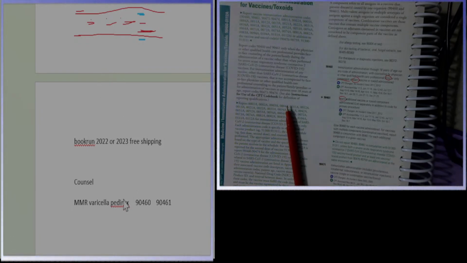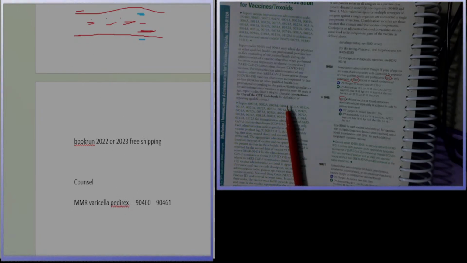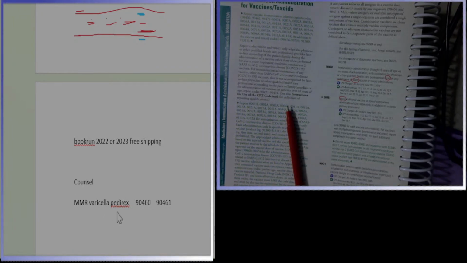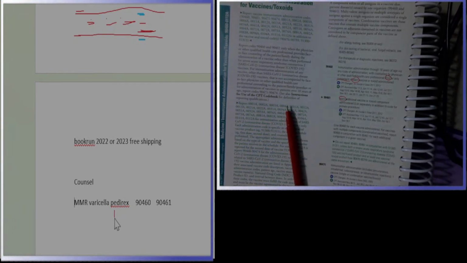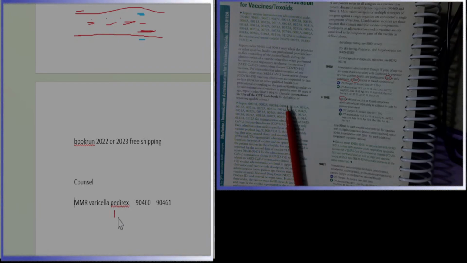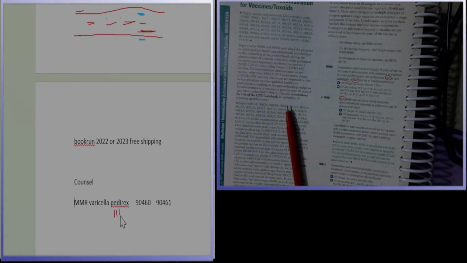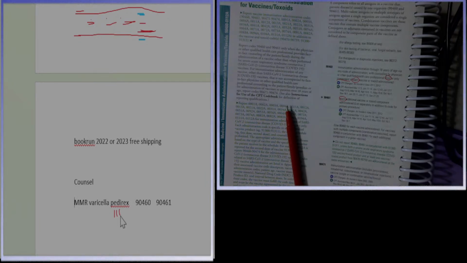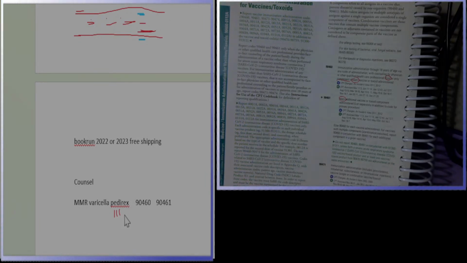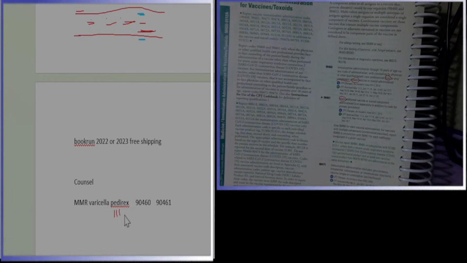Pediarex, I think it's got an A in it instead of an I. Pediarex has diphtheria, pertussis, Hib. What else? What else has Pediarex got in it?